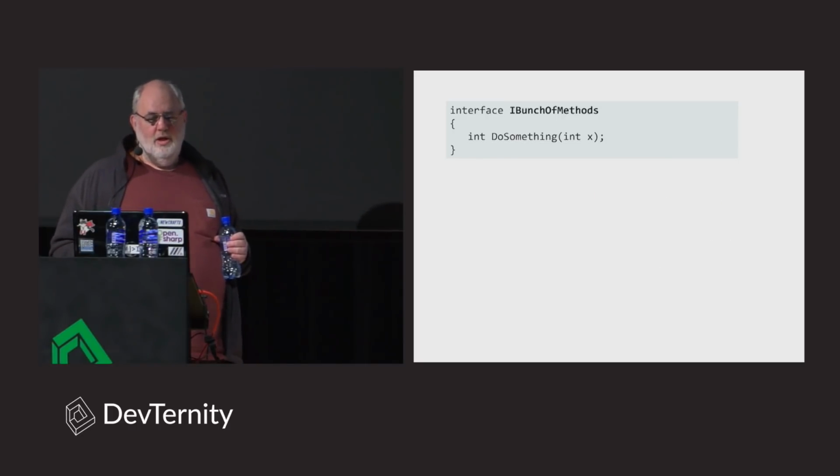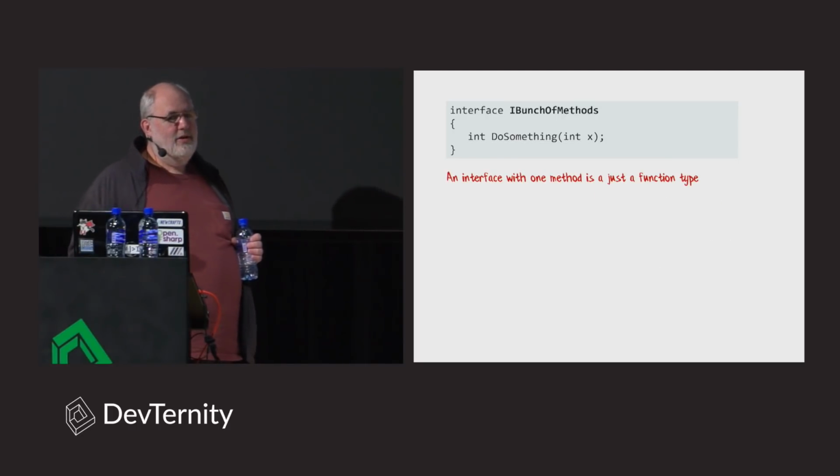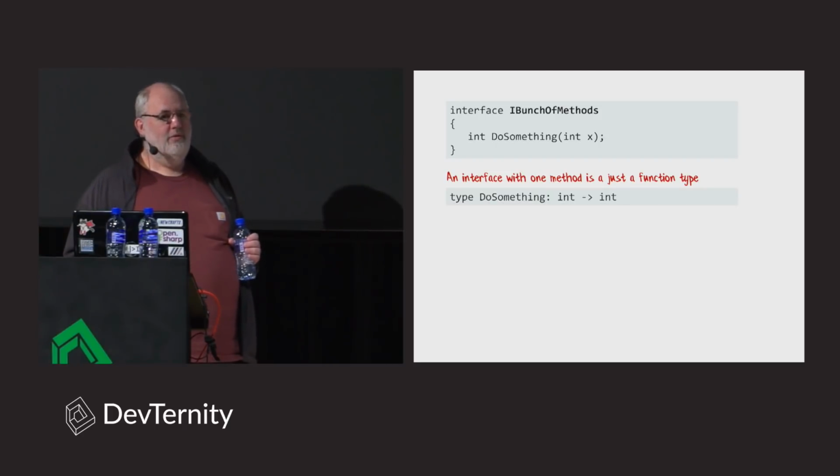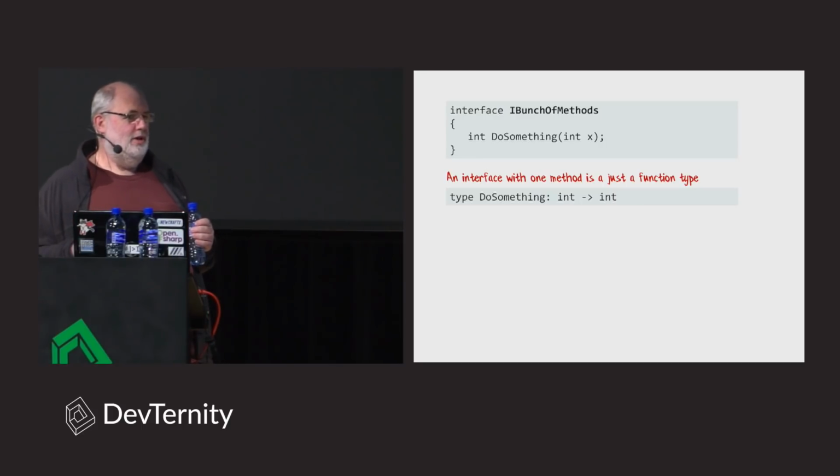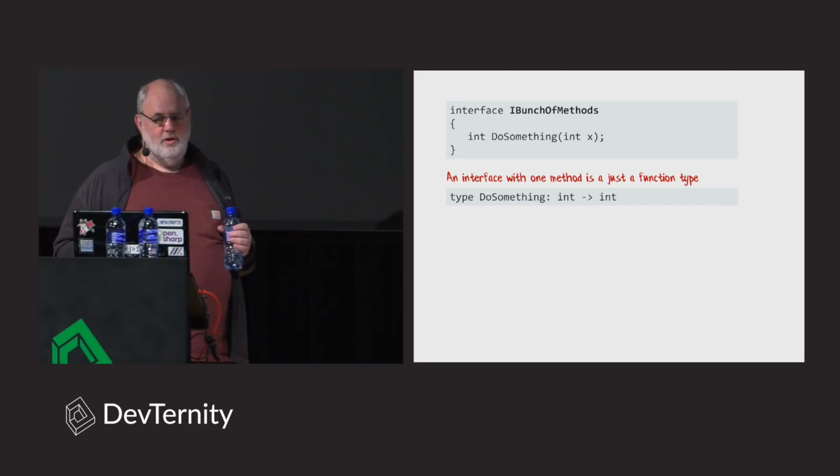But a one-method interface is really just a function. So rather than defining an interface, we can define a function that says, give me an int and spit out an int. So that's my interface for this particular method, as it were.